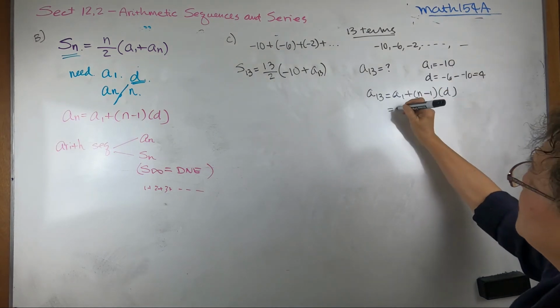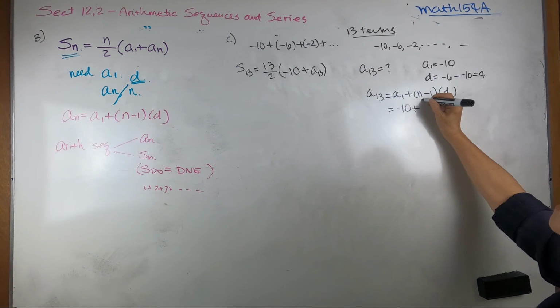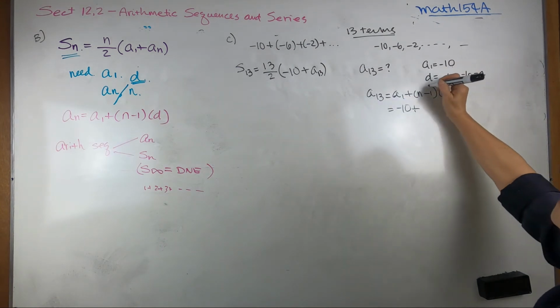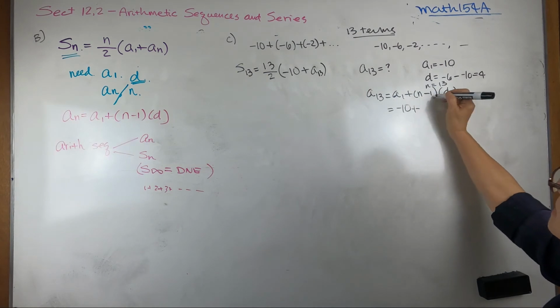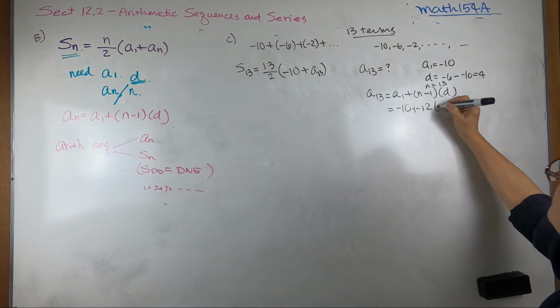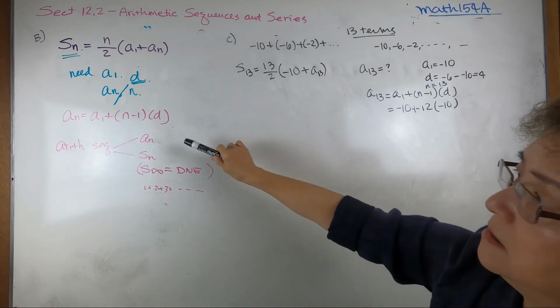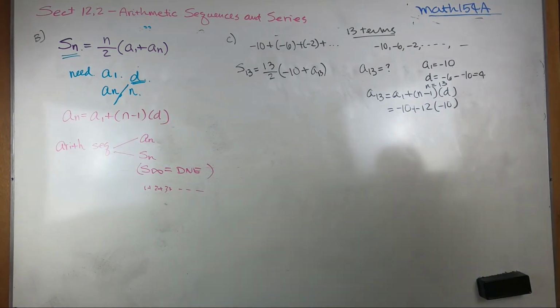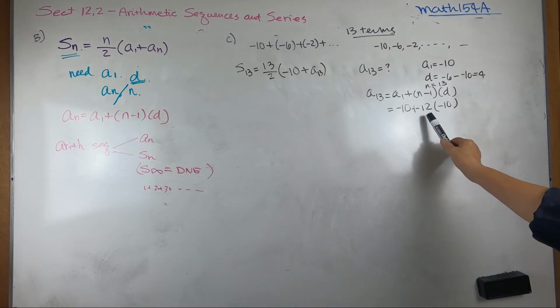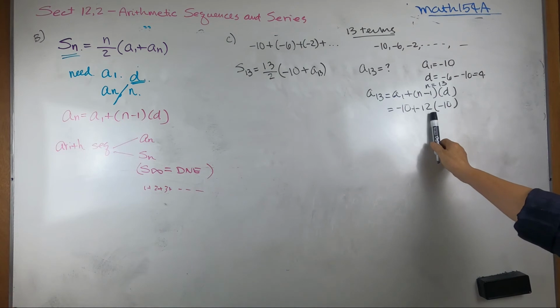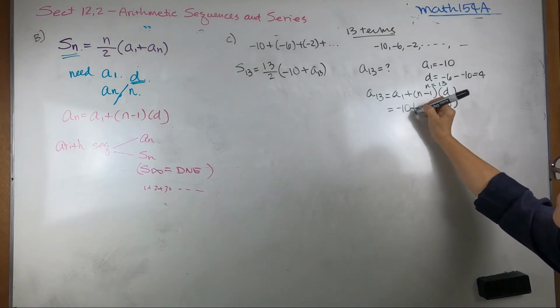We do have A1 is -10. N is 13, right? So 13 minus 1 is 12. D is what? The formula for the 13th term, right? So what do we have? Okay, let me make sure.